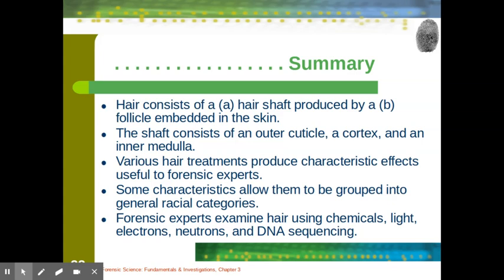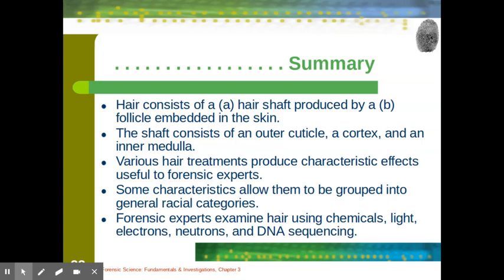So, in summary, we talked about different parts of the hair. One thing I forgot to mention is that you're going to find a lot of hairs at a crime scene because we're constantly losing hairs. We're shedding hairs. We have dog hair. I have dog hair on me that I've probably brought into this classroom. Even though my dog's never been in here, you're going to find some of my dog's hairs. So we're constantly transferring all this hair.